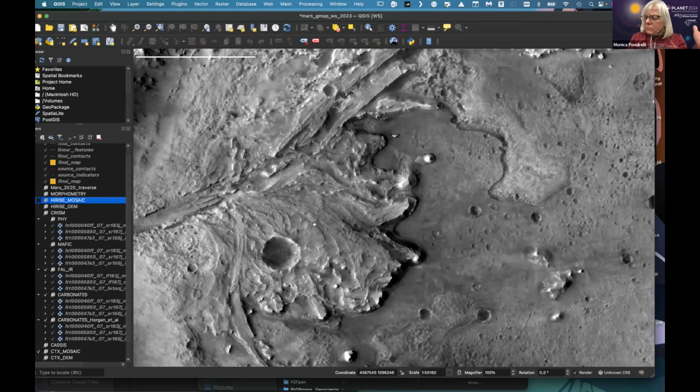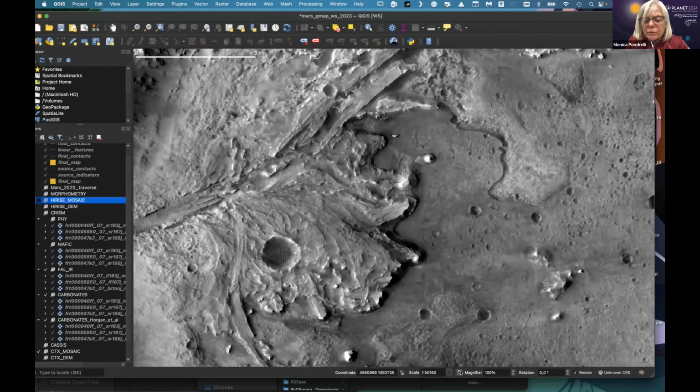Still, maybe you will develop a technique which is your personal one, which will allow you to work. For example, a tool might be, I'm speaking about HiRISE, to fix the scale.